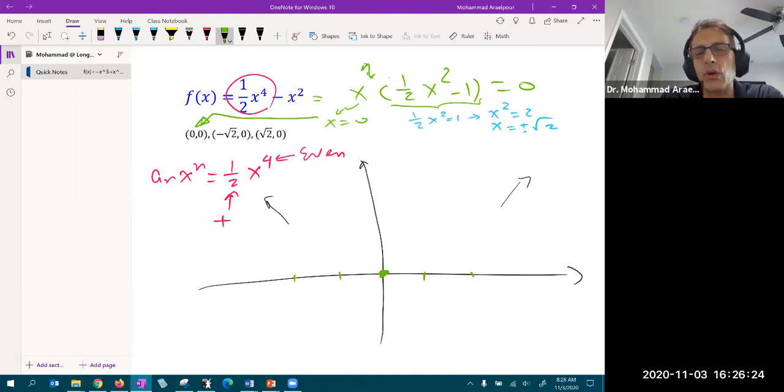So it's 1.41, so it's here, and negative 1.41 roughly.